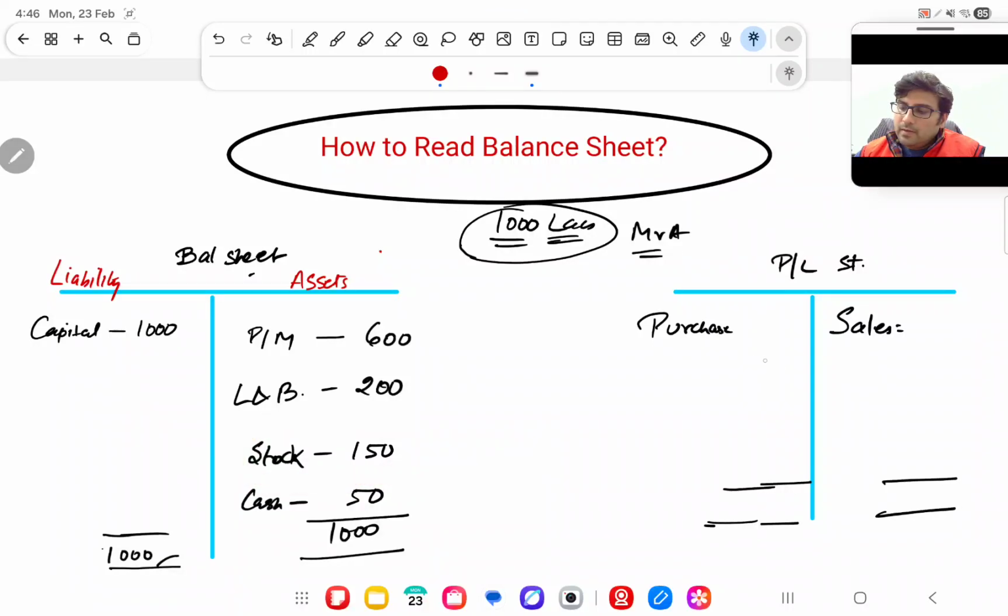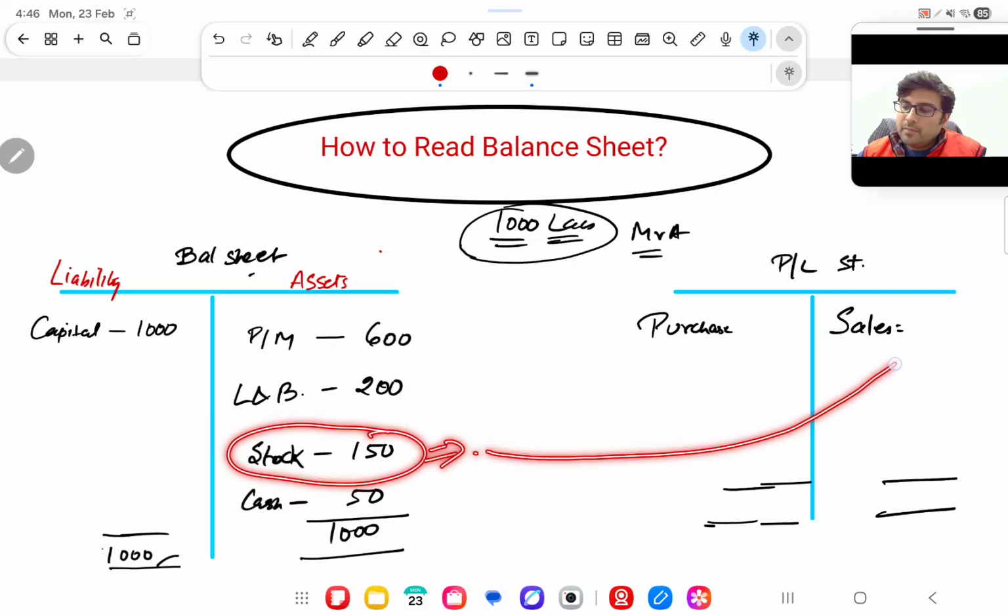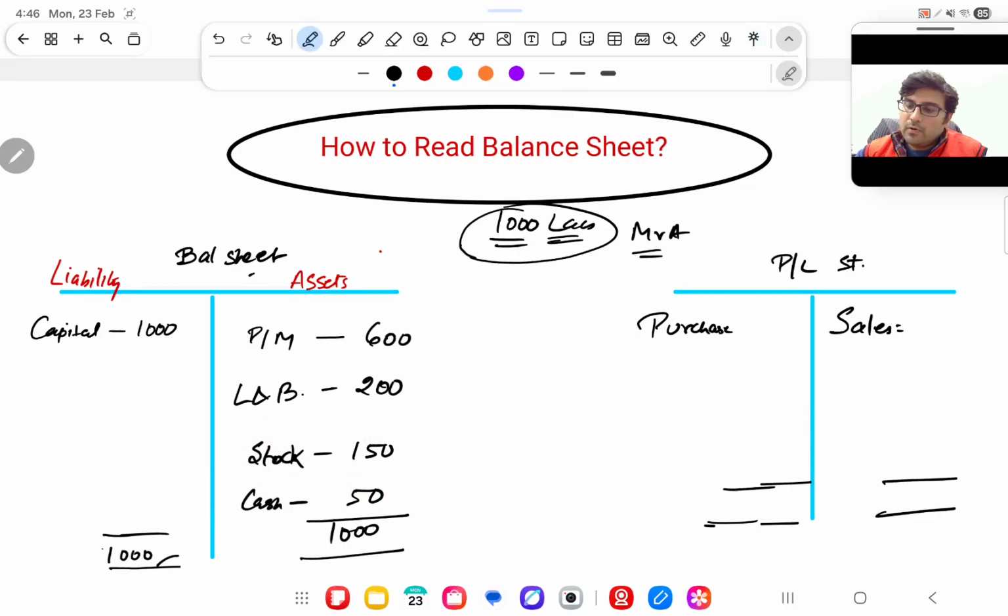And for how much has it been sold? This is a cost. It has been purchased by the company at cost. Now, after adding their margins, they will sell these goods. Let's say they have sold it for 200. They purchased it for 150. So, what will be the profit? It will be 50.